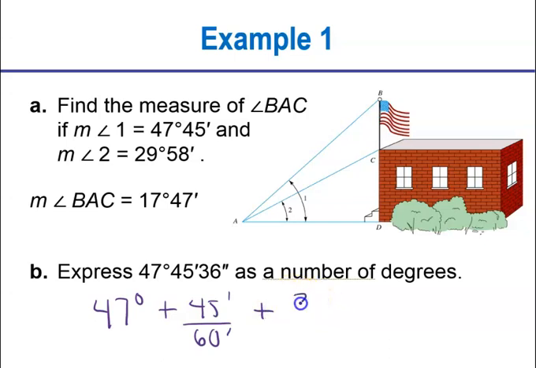Okay, so you've got 36 seconds divided by 3,600 seconds. Again, why am I doing that? Because remember, we're changing seconds to degrees, and there are 3,600 seconds in every degree. Now, this is going to take me to a decimal. This is going to be 47, and then 45 divided by 60, and I'm just doing this in a calculator. You could do it by hand if you needed to, is 0.75.